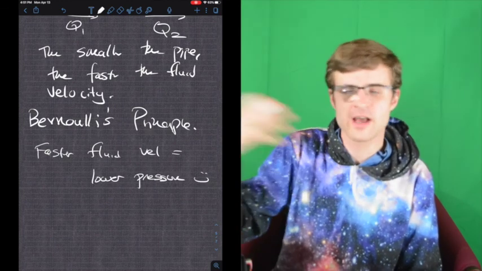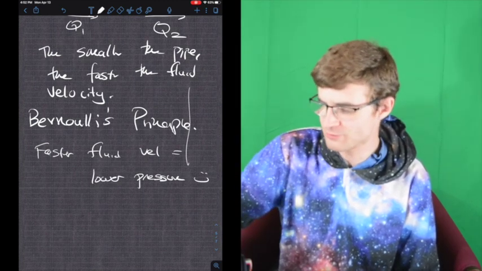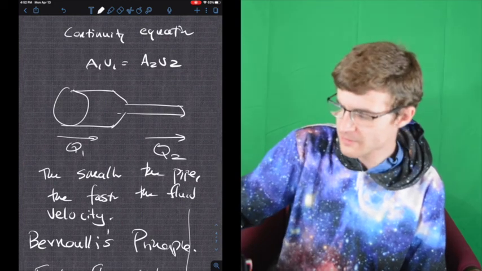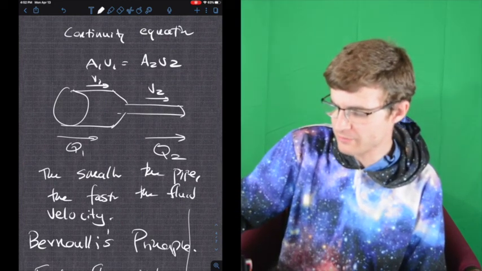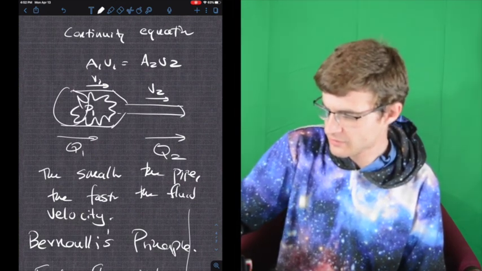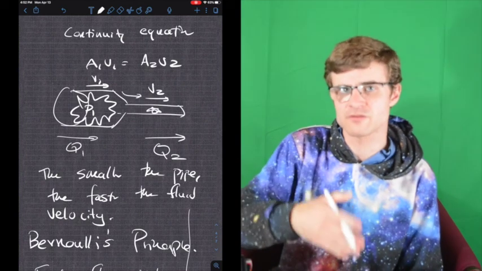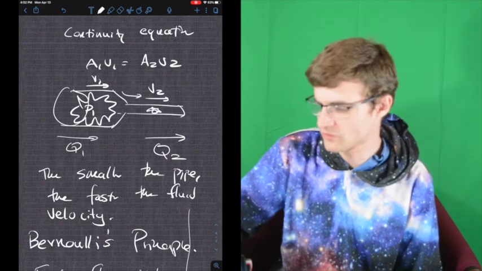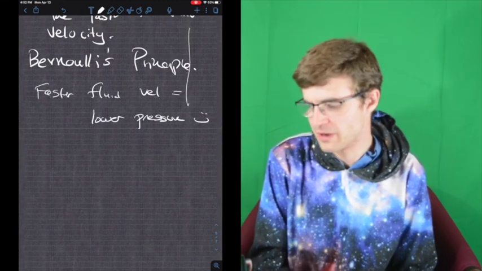We're used to thinking of fast-moving fluid as being higher pressure, but remember that it's the opposite of what you think it is. If fluid is moving faster in the small region of pipe, that means that the pressure here must be relatively smaller in order for us to get an acceleration from V1 to V2. That's the way I think about it.